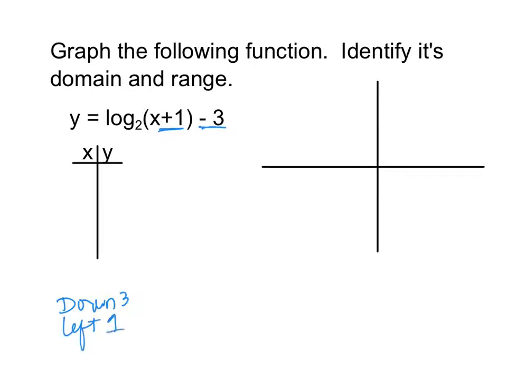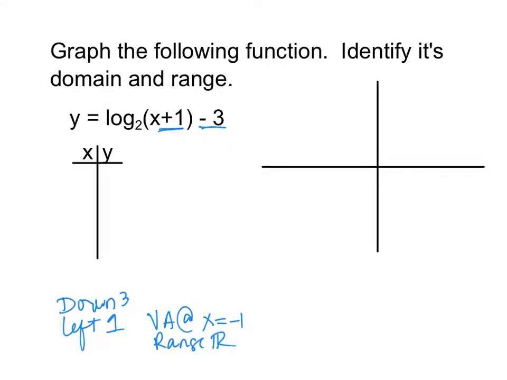Now remember, logarithm equations have a domain restriction because they normally have a vertical asymptote at x equals 0. But if this has been moved left 1, I know my vertical asymptote will be at x equals -1. I also know that impacts my domain, and that my range for any logarithmic function is all real numbers.